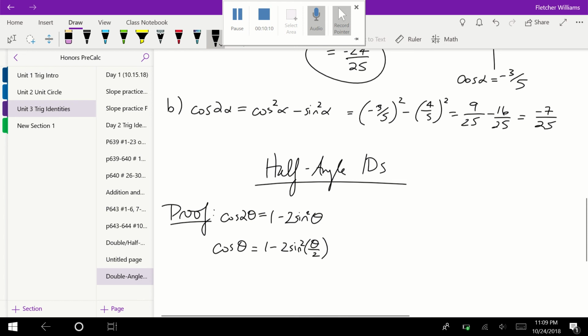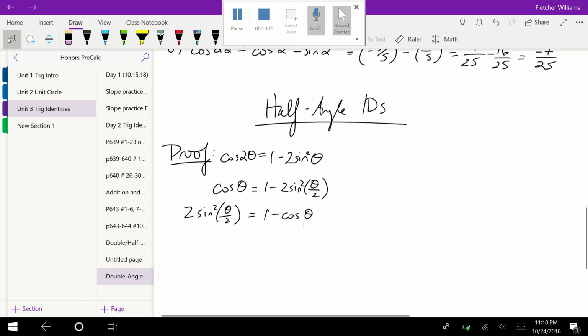Okay, but we want the identity for sine theta over 2, so we got to solve for it. So we can move the 2 sine squared theta over 2 over to the left side, and move the cosine to the right side. Just start solving for theta over 2.